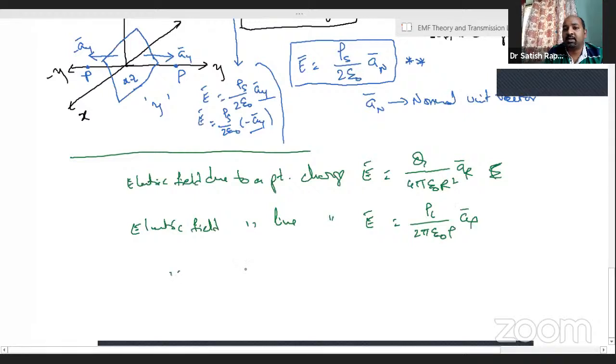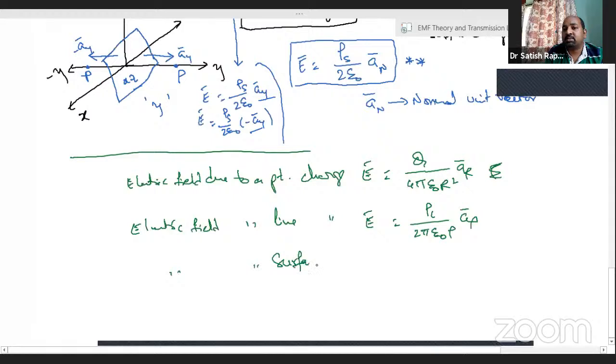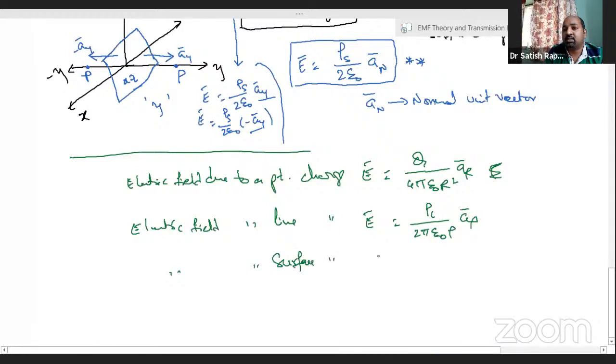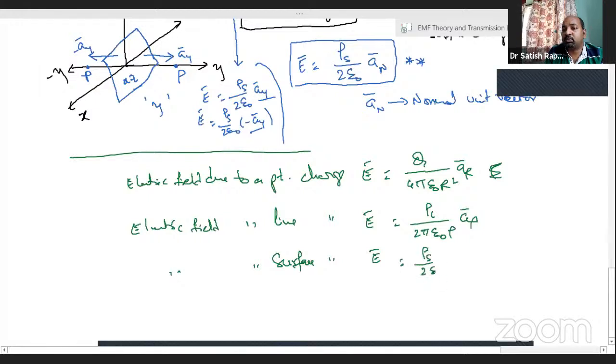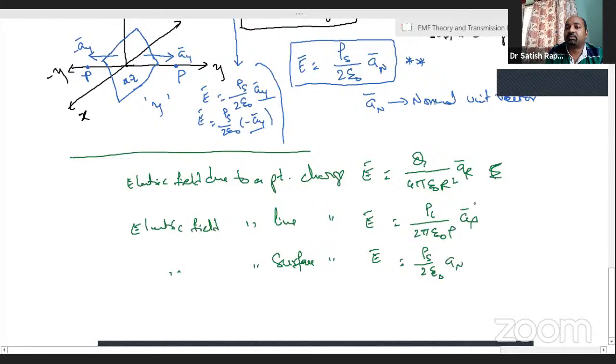And similarly, electric field due to a surface charge, E bar is equal to rho s by 2 epsilon naught a n bar.